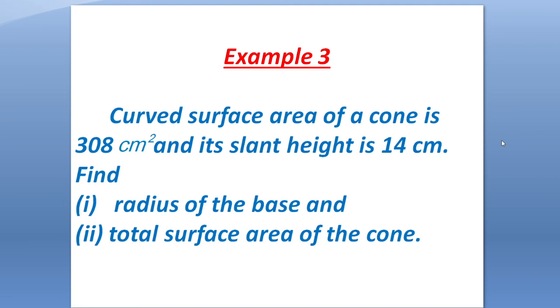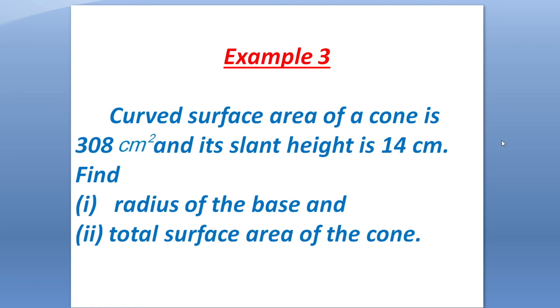Now example number third. The curved surface area of a cone is given as 308 centimeter square and its slant height is given as 14 centimeter. So first find the radius of the base and second the total surface area of the cone.